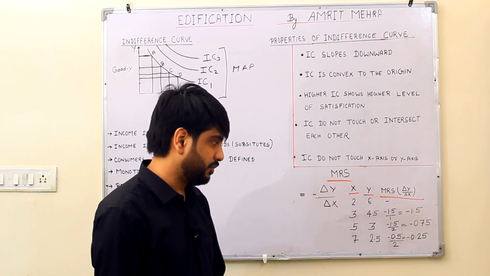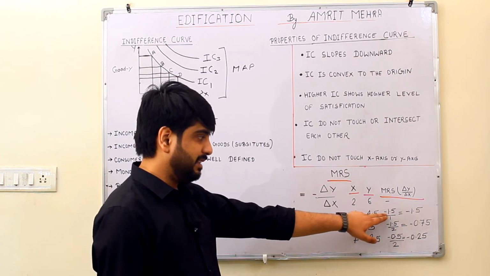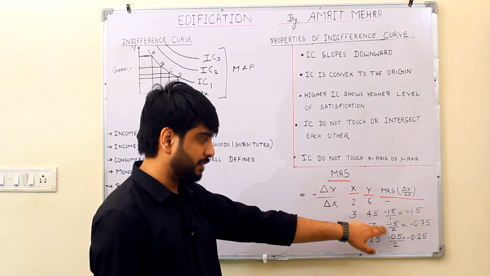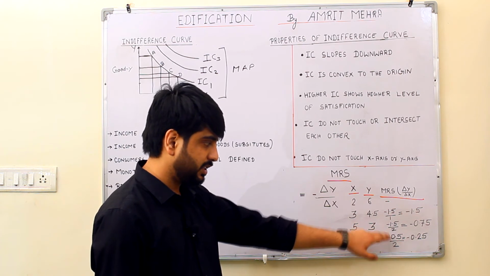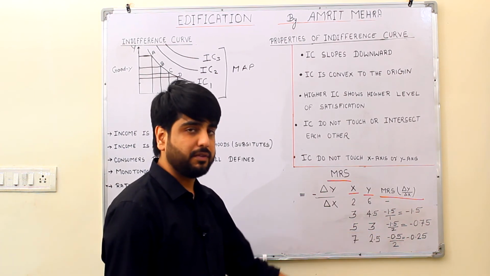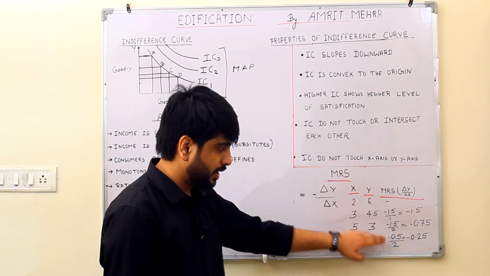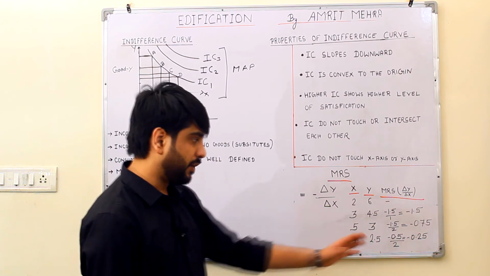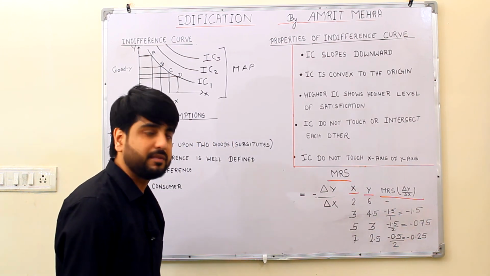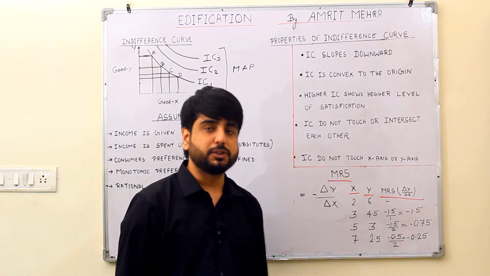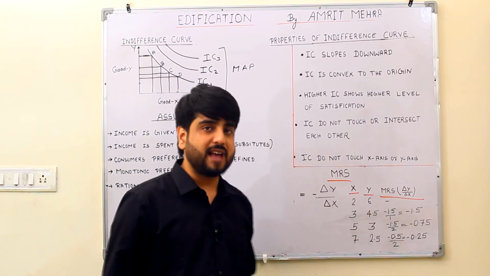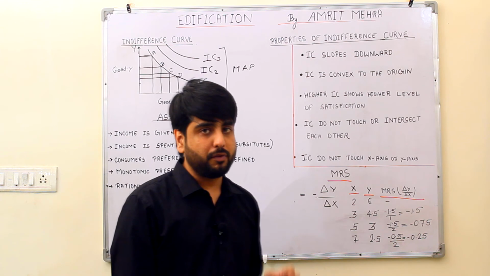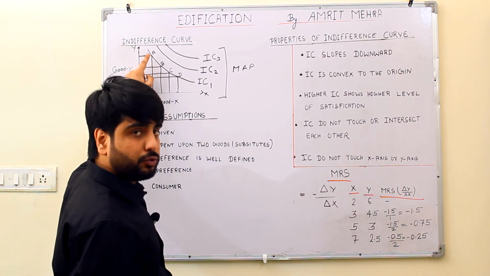If we input these values, we decreased 1.5 in the beginning to increase 1 unit, then we decrease 1.5 to increase up to 2 units, then we further sacrifice 0.5 only as compared to 1.5 to increase the consumption of X by 2 units, which further gives us the values 1.5, 0.75 and 0.25, which proves that MRS always has to fall or decrease, because of which the slope of IC has to be convex to the origin.